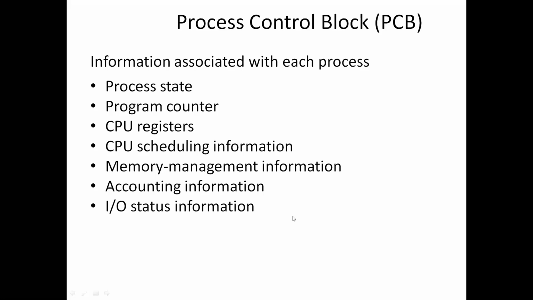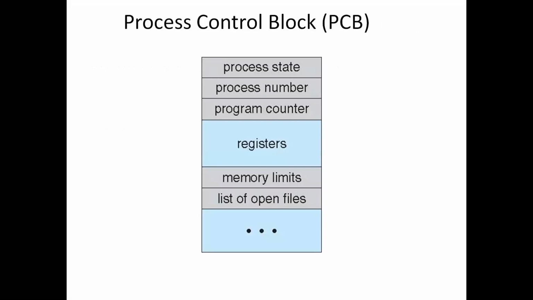The process control block serves as a repository of information that may vary from process to process. Each process will have this information, and you can see here what the process control block looks like.